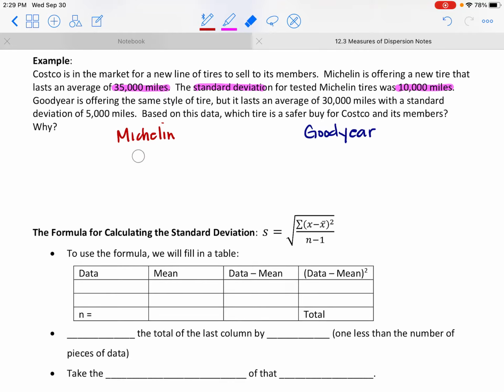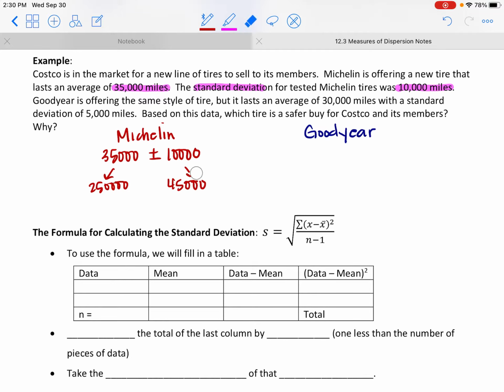So let me organize this a little bit better. We've got 35,000 for our average plus or minus 10,000. So that means these tires are going to last between 35,000 minus 10,000, which is 25,000, and 35,000 plus the 10,000, which is 45,000.